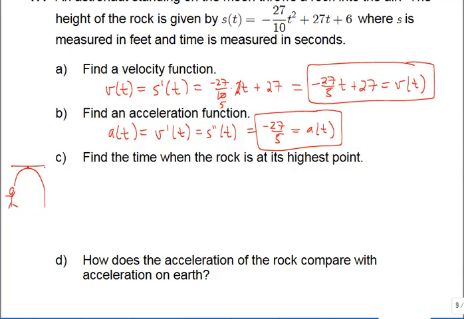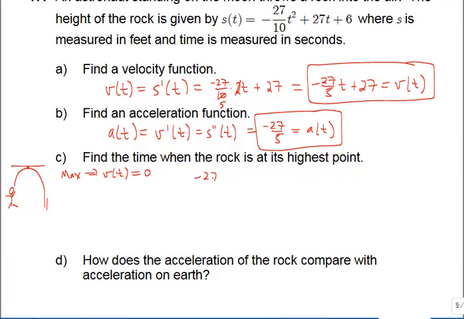So if you want to know when you're going to be at your highest point, that's going to occur when your derivative is 0. And one derivative of this position is velocity. So you are going to be at your maximum when your velocity, that first derivative, is 0. And we've already found that velocity function.